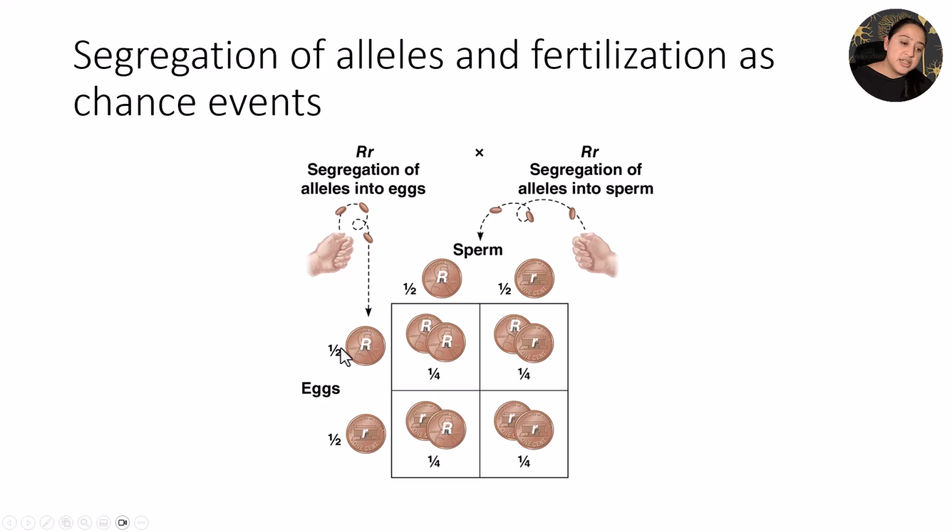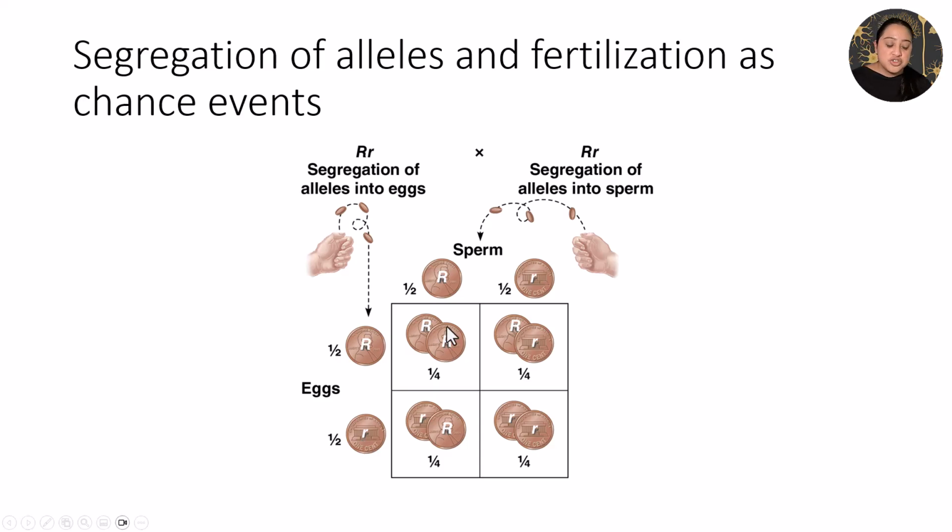And then if we also think about the other gametes, like an egg cell, it's kind of the same thing. If this parent is heterozygous and there are two options, then the chance of this gamete having the dominant allele is 1 out of 2. And the chance of this gamete having the recessive allele is 1 out of 2. And then during fertilization, you're basically multiplying those odds.